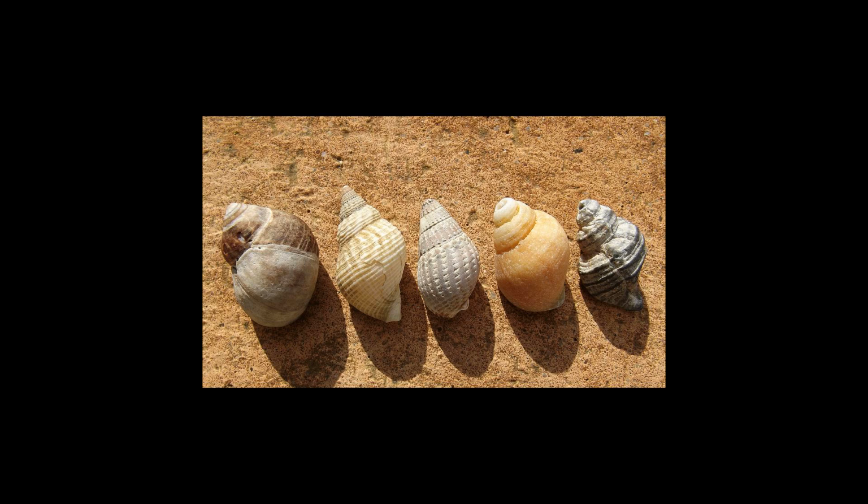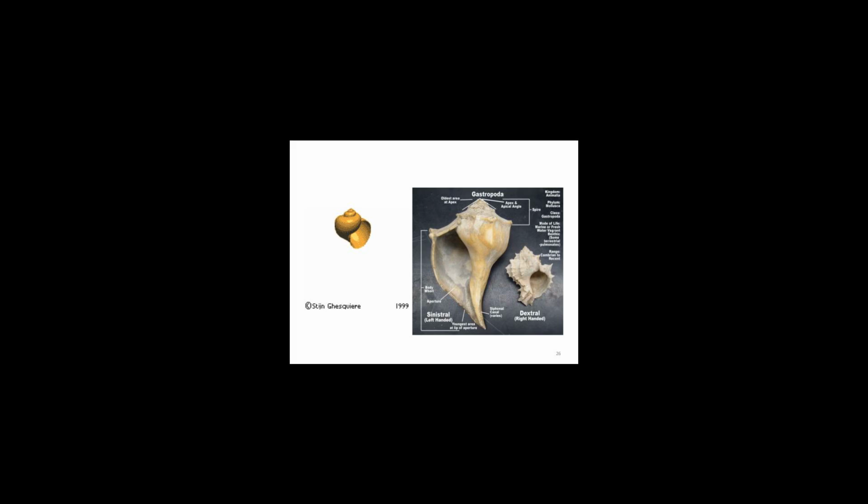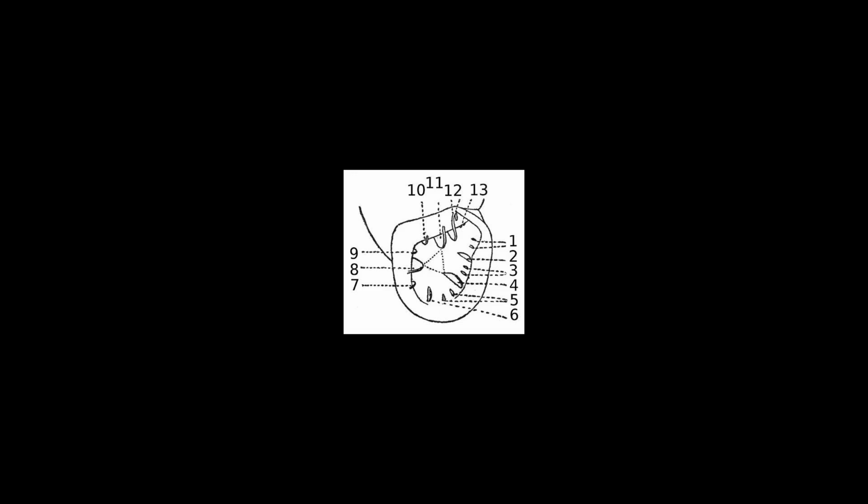Scaphopod shells are tubular, and thus they have two openings, a main anterior aperture and a smaller posterior aperture, as well as the aperture. Some gastropod shells have additional openings in the shells for respiration.